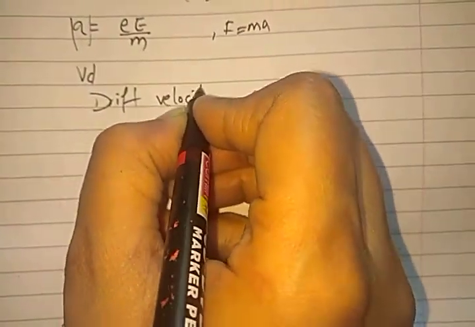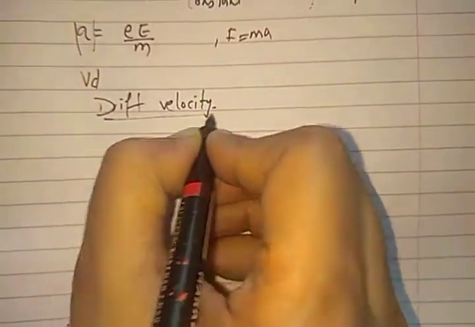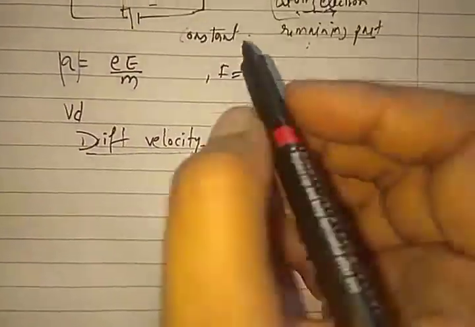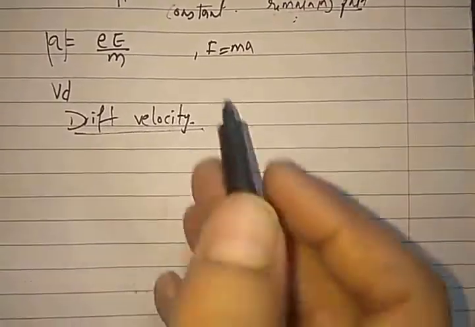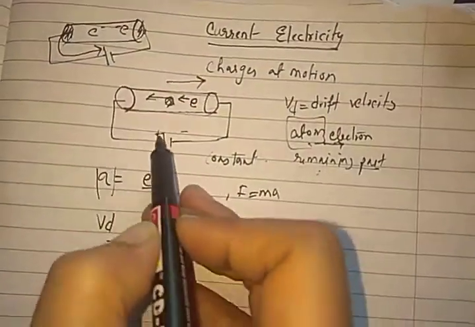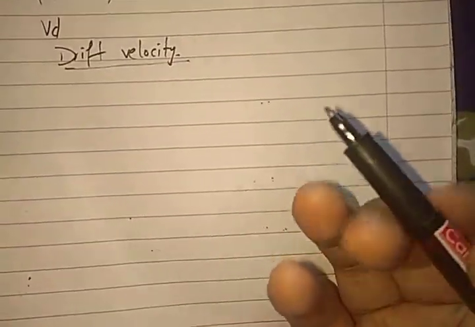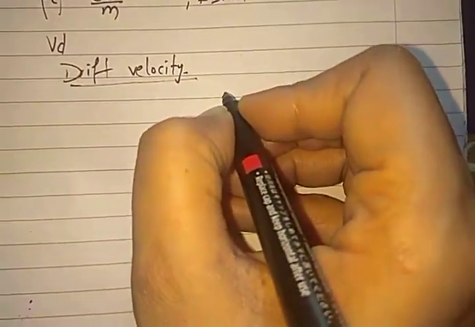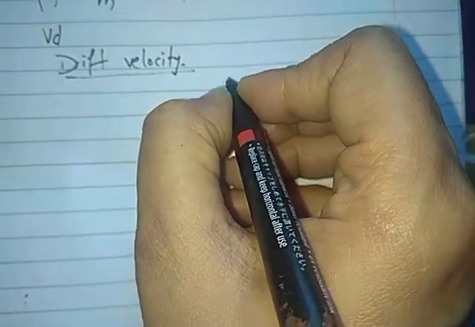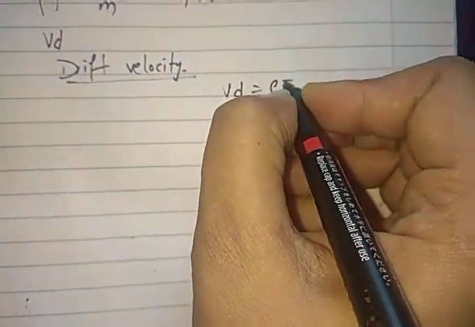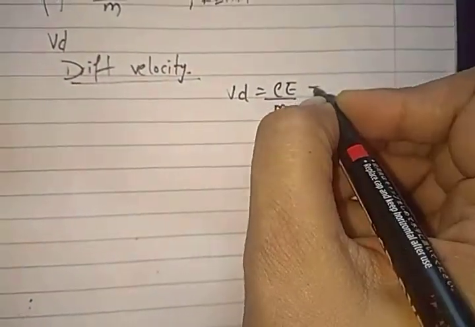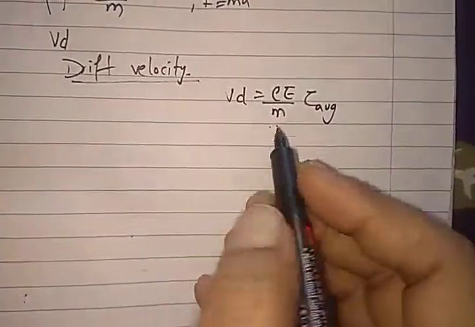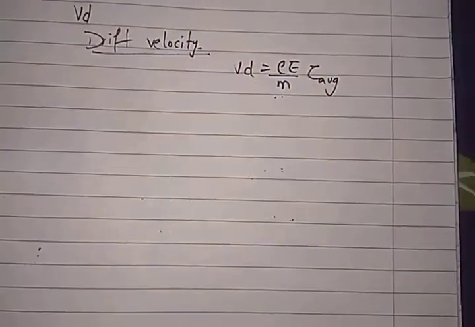The meaning of drift in Hindi is ghisatna. The electron is getting drifted towards the next end of the conductor. Derivation for drift velocity, and it will come as Vd equals eE upon m tau average. Now what is this tau? It is the relaxation time.